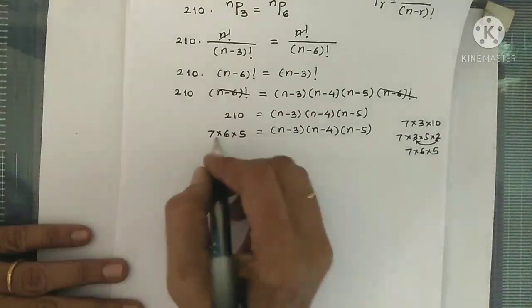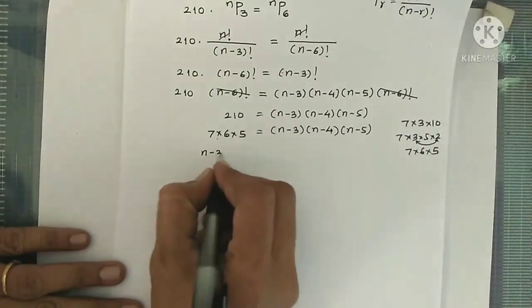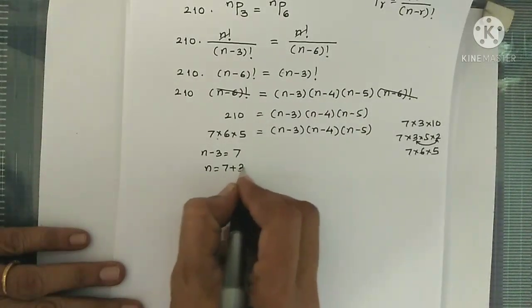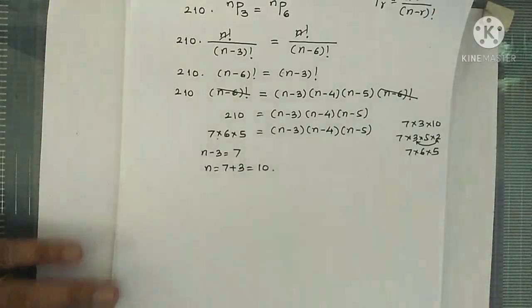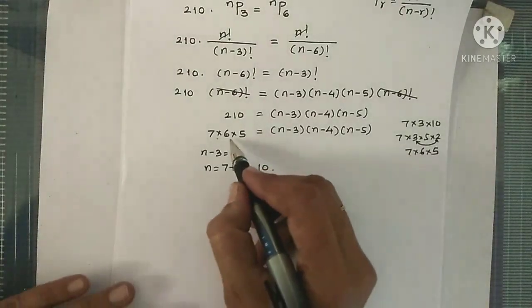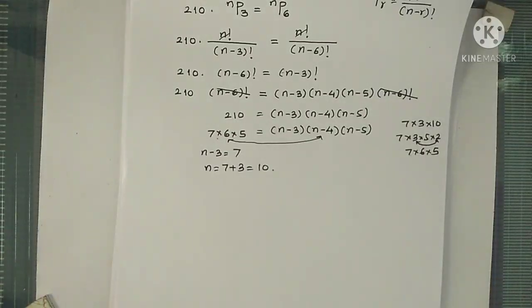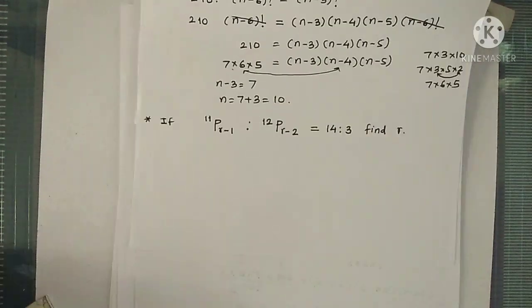Comparing with this, n minus 3 equals 7, so n equals 7 plus 3 equals 10. You can take any one and you will get the same answer. So n minus 4 equals 6 also gives n equal to 10, and for the last one also we get n equal to 10.